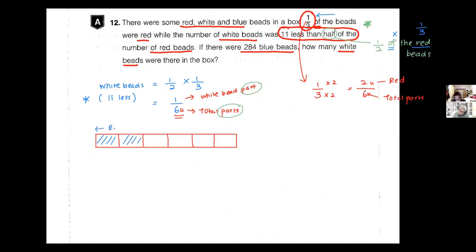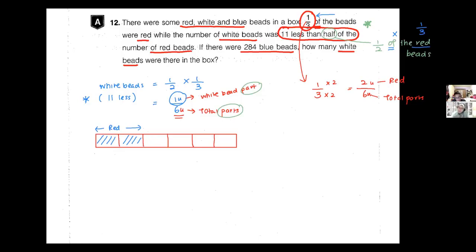This is my rate. Now, the white bead is only 1 unit. Can you see the white bead is only 1 unit, but it's not 1 unit. It is 1 unit and 11 less. So 1 unit is as much, right? This is 1 unit. But white bead is not 1 unit. White bead is less than that 1 unit.